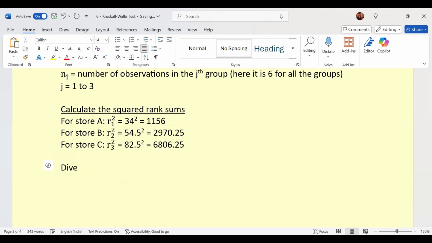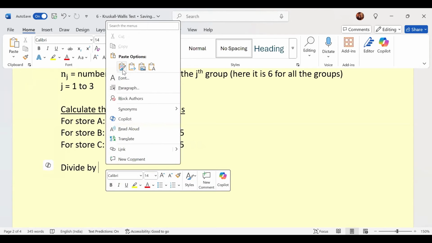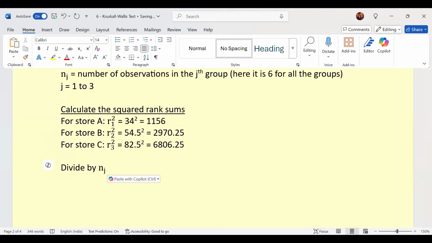Next, divide by nj. Divide by nj means which is 6 for all groups.